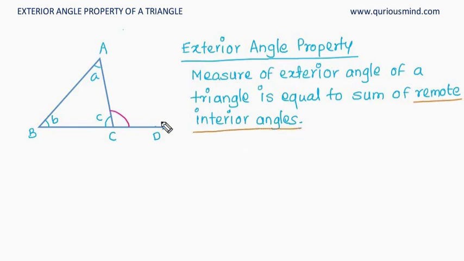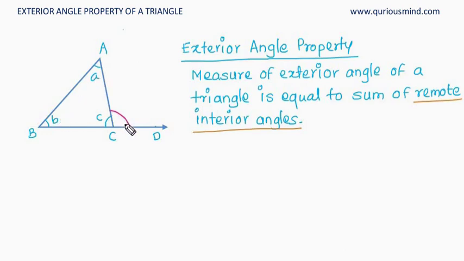So now we see here that we have this angle and this angle, A, B and C, which are the measures of the angles. So angle A, angle B and angle C, they are interior angles. But which of them is close to this exterior angle? This angle is close, whereas these two angles are away from it. So away is remote. So these two angles are remote interior angles.